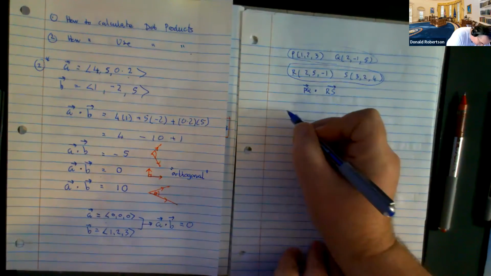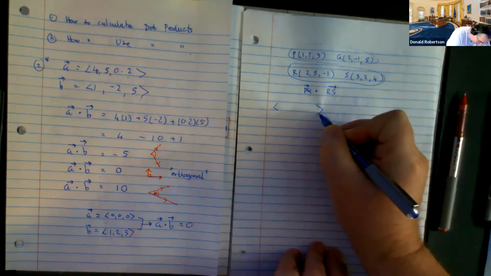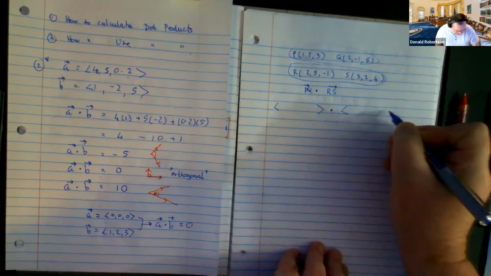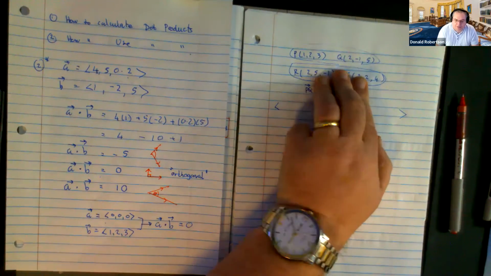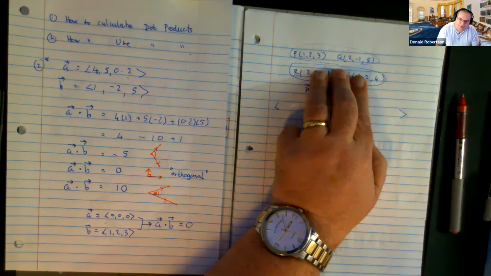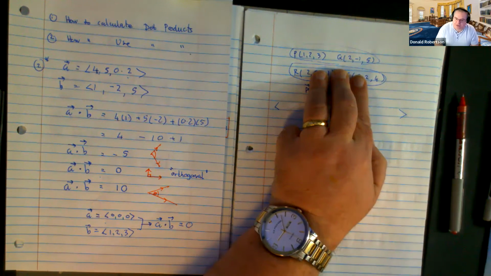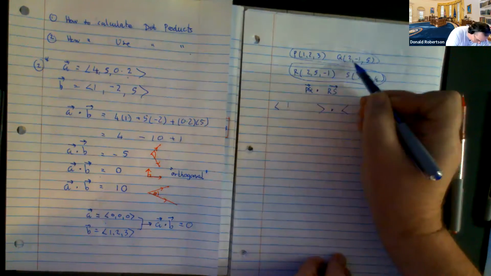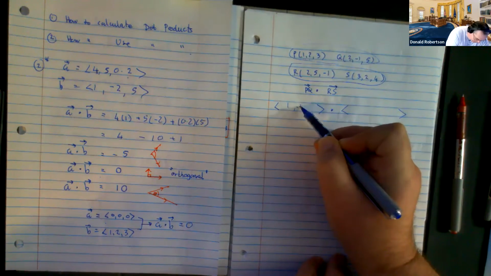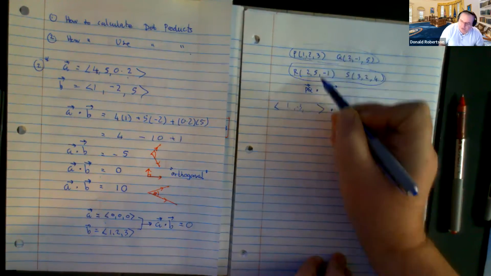So I need to get the components of that vector. If you want to do PQ, the formula was x2 take away x1, but I just go like this: second guy take away the first, second guy take away the first, second guy take away the first. It's as quick as that.